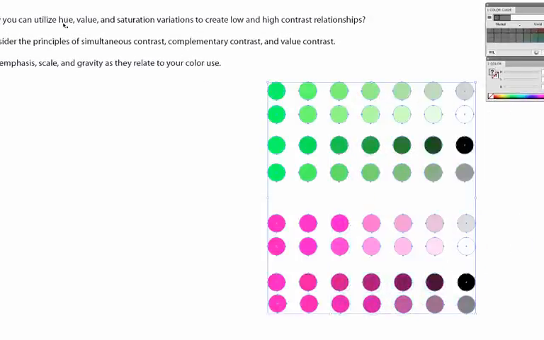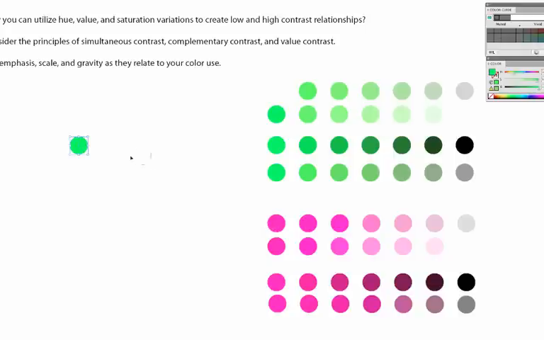Okay, so the assignment's asking for a contrast of hue, contrast of value, and a contrast of saturation. So we'll first look at how to create a contrast of hue. Now the highest contrast of hue you can create is with a complementary pair at full saturation. So here we have a highest contrast of hue.